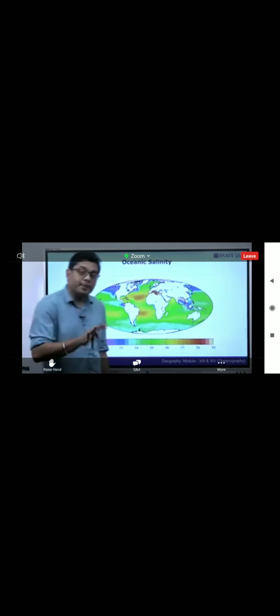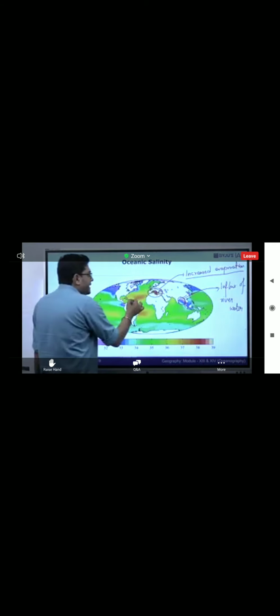So because of this excess addition of fresh water from the river sources, you have salinity in Bay of Bengal to be low. Look at Mediterranean Sea here, because of influx of river water, the salinity is going to be low.